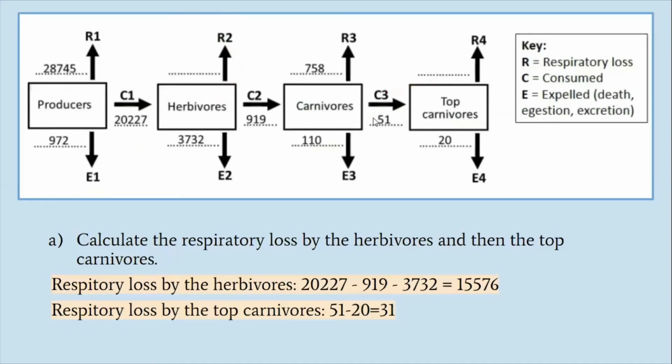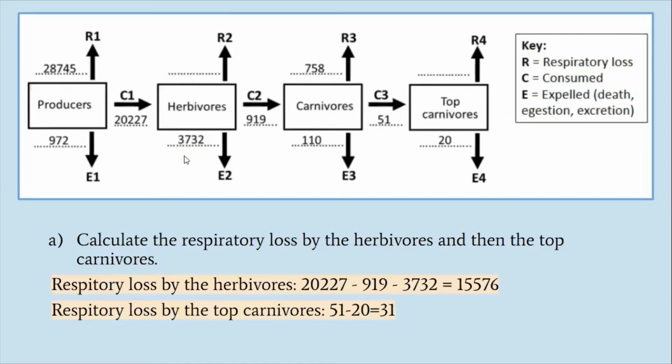We are going to work out what this R2 value must be. The herbivore here had consumed 20,227 units of energy. Now the expelled energy, death decomposition, digested material decomposed, excreted molecules decomposed, is 3,732 units of energy.